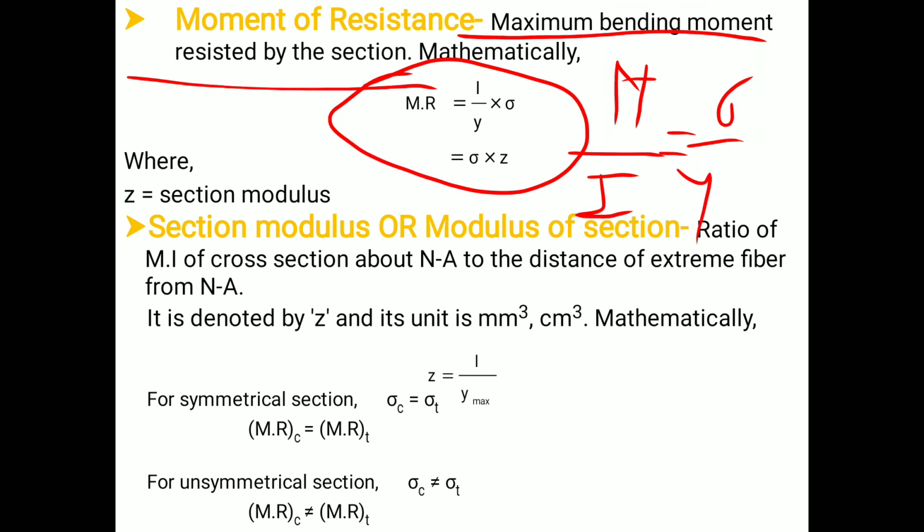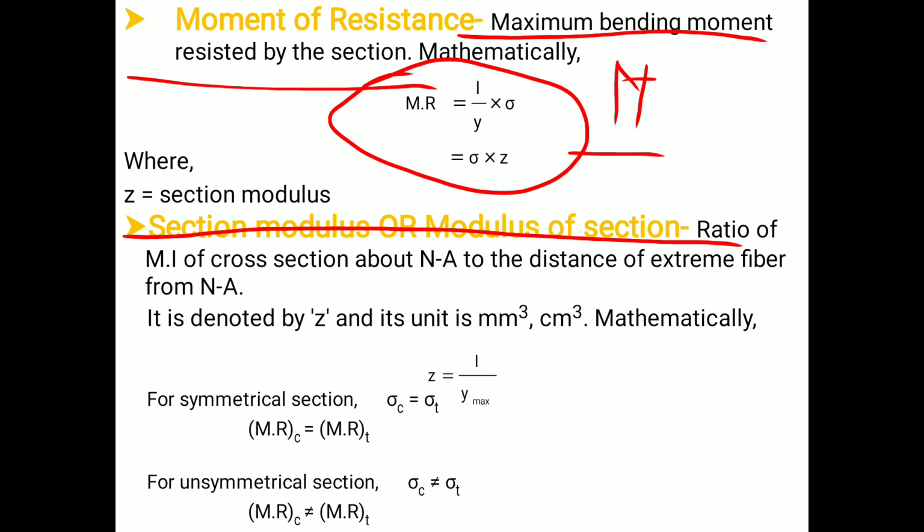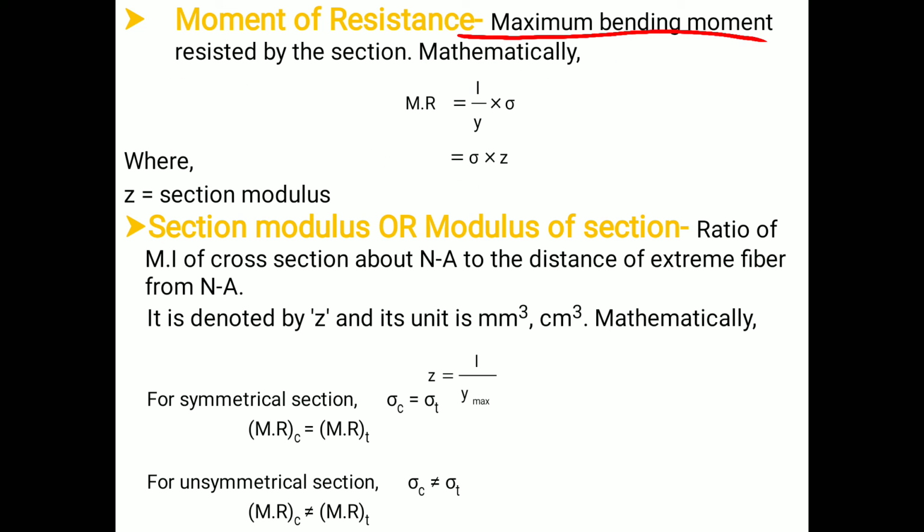So from this equation we can say that the section modulus is the ratio of the moment of inertia of the cross section about the neutral axis to the distance of the extreme fiber from the neutral axis.